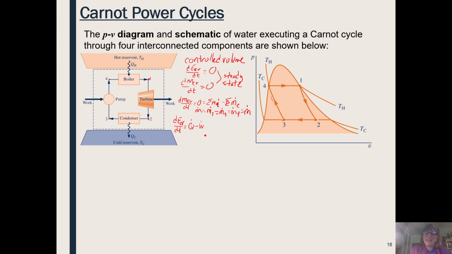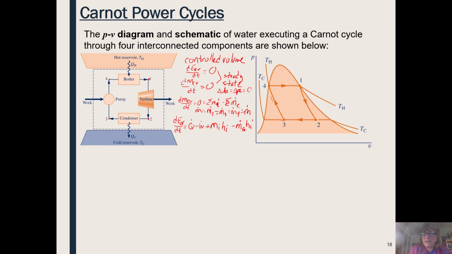Okay? So here, since we only have one inlet and one outlet, when we continue our first law, we also have our mass at our inlet times h_i, and the other thing I'm going to assume here is that kinetic energy and potential energy are negligible. And that's h_i minus the exit h_e.